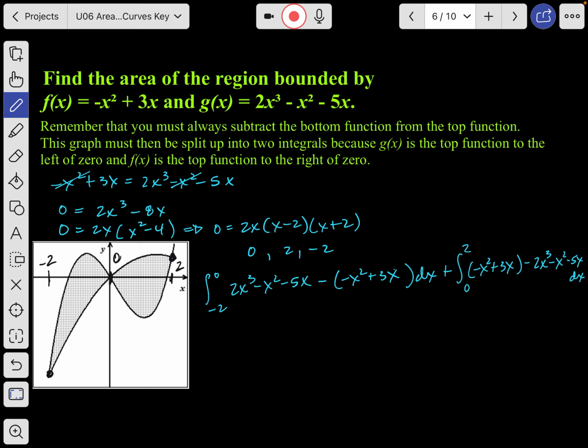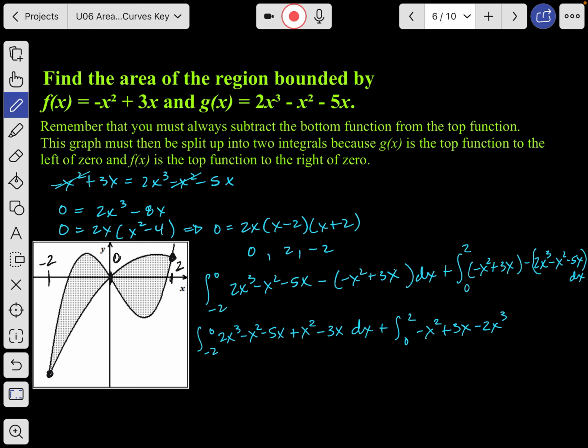All right, I'm going to go ahead and clean up just a little bit. And I think I need to have another set of parentheses over here.